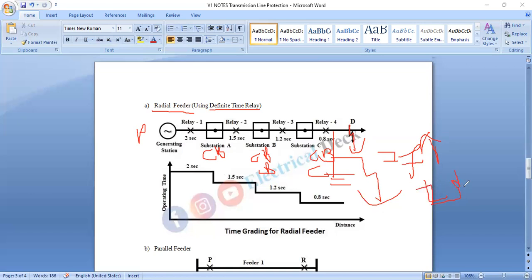That means Z will be less, so the fault current is maximum.